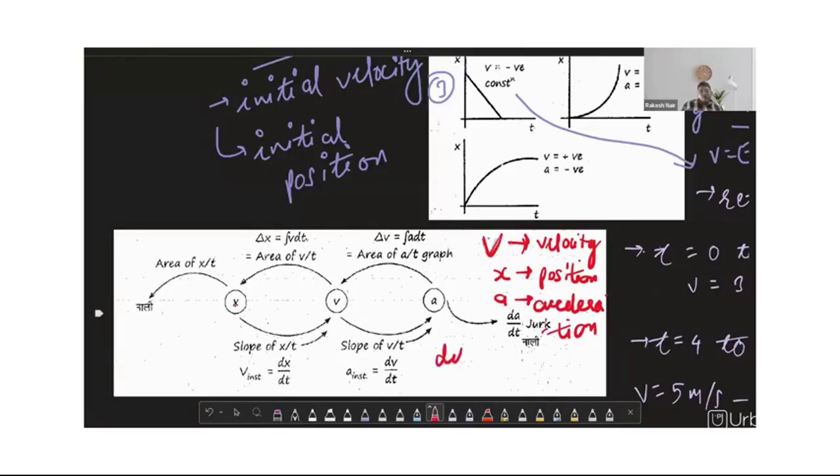What is the meaning of differentiation? It's basically division. And what is the meaning of integration? It's basically addition.